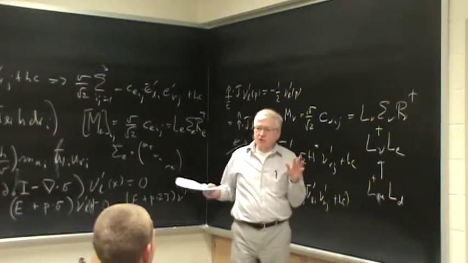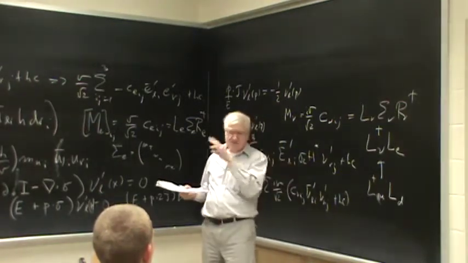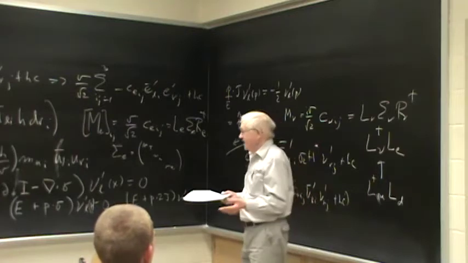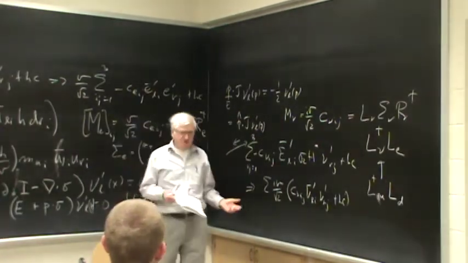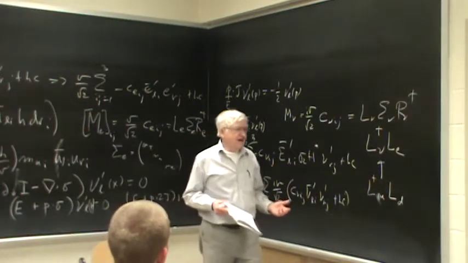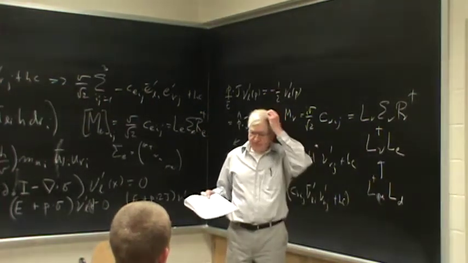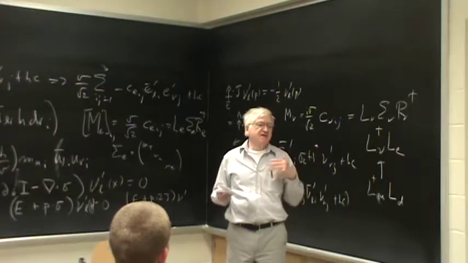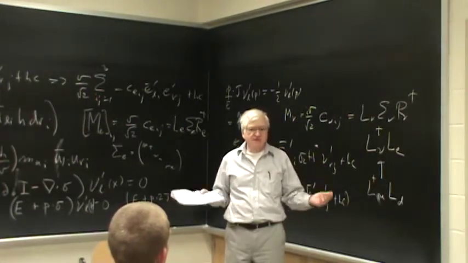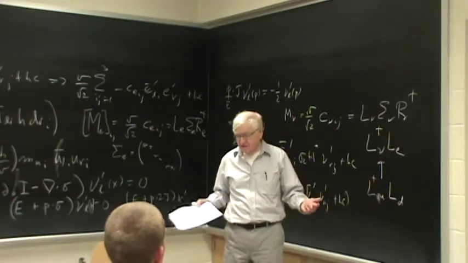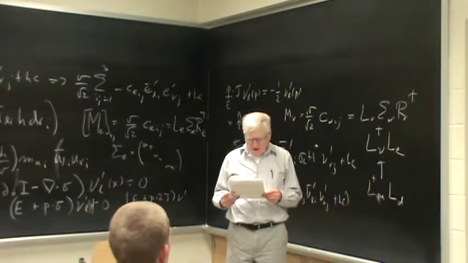We've been talking all along here about left-handed fields and right-handed fields, and that means how the fields transform under Lorentz transformations. That's a distinction that makes perfect sense whether the fields are massive or massless. You can still say they transform this way or that way under Lorentz transformation.